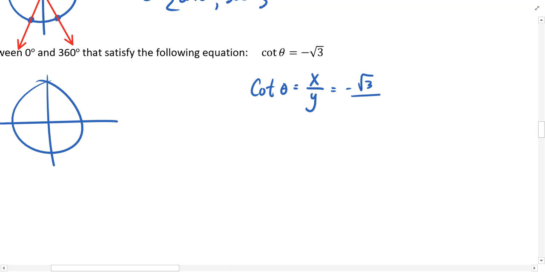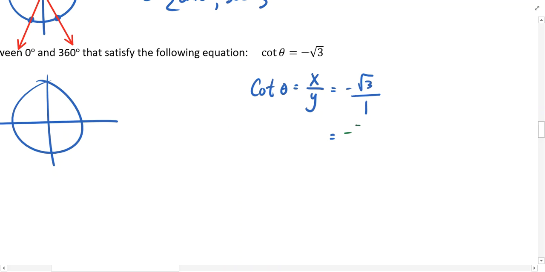And sometimes it's helpful to recognize the opposite of radical 3 as a fraction over 1. Moreover, we might recognize, because radical 3 is not an x position on the unit circle, and 1 is not a position, well, it could be a position for y on the unit circle, but it doesn't happen in the same spot as radical 3 for the x value.